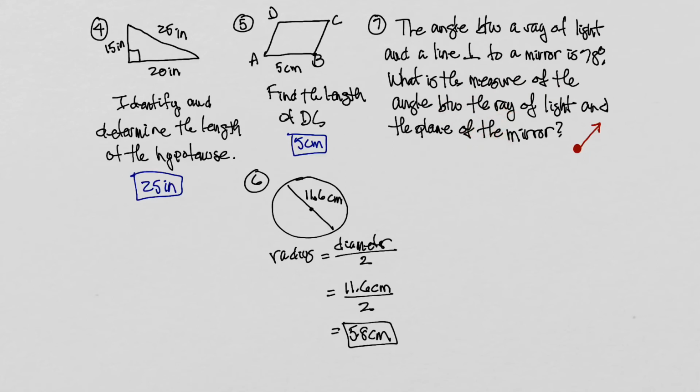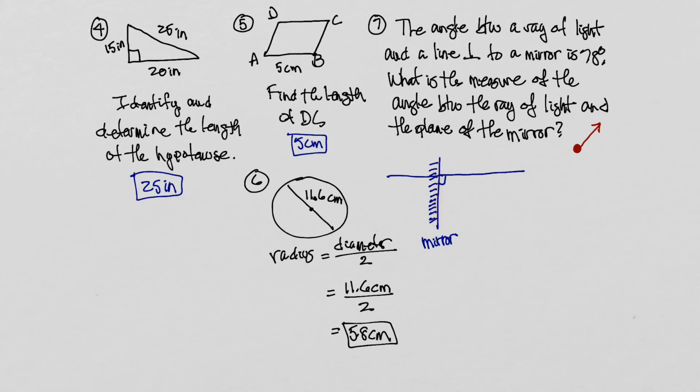Let's draw this, see what we can come up with. So first of all, here's a mirror. Here's like the shiny surface over here. So here's a mirror, and then we have a line perpendicular to the mirror. Let's draw that. Okay, here's a line perpendicular, so that makes a 90-degree angle. All right, so here's what we've got.